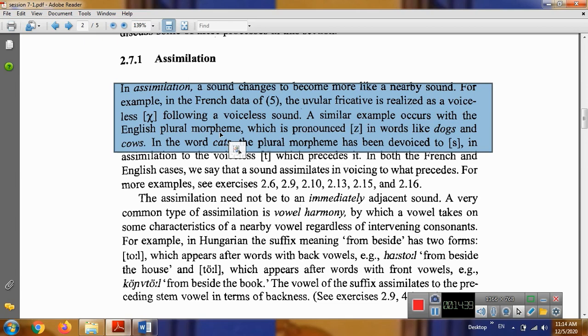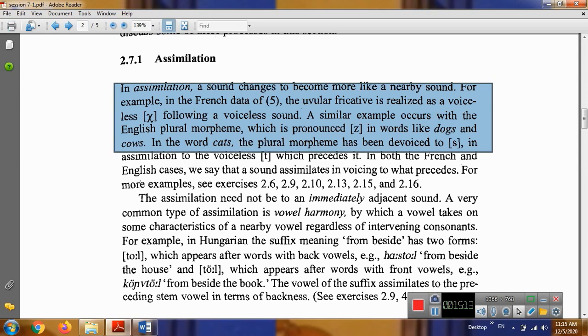Sometimes we pronounce it as z, and sometimes we pronounce it as s. When it comes after a voiced sound like g, like the glide and approximant, it becomes a voiced sound, and we pronounce it as a voiced sound, and we say dogs, and it turned to z because it wants to be similar to its nearby sound.